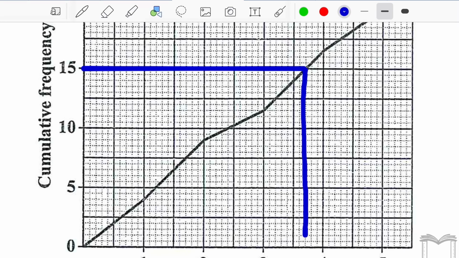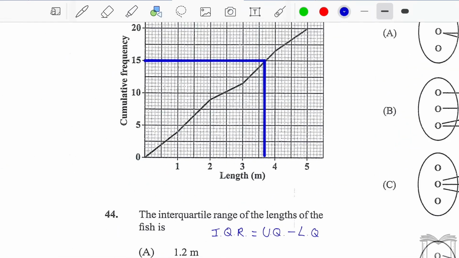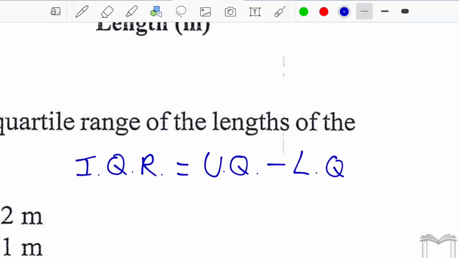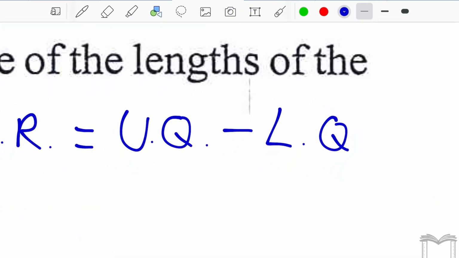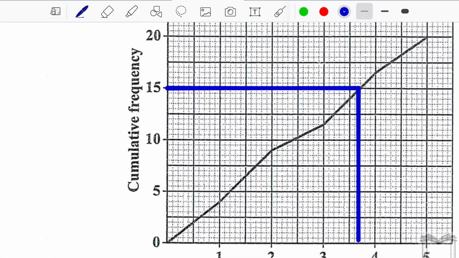Then we come down and we get that value. So that is 3.7. So the upper quartile is 3.7 minus the lower quartile.